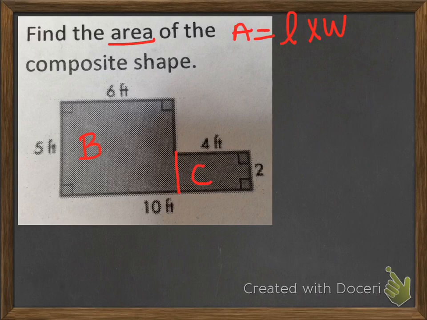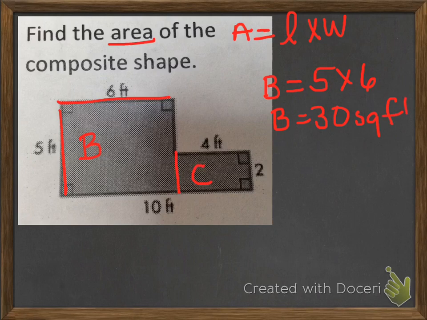For shape B, do I have the length and the width? Yes, I do. Length times width, so 5 times 6 gives me 30 square feet. So the area for shape B is 30 square feet.